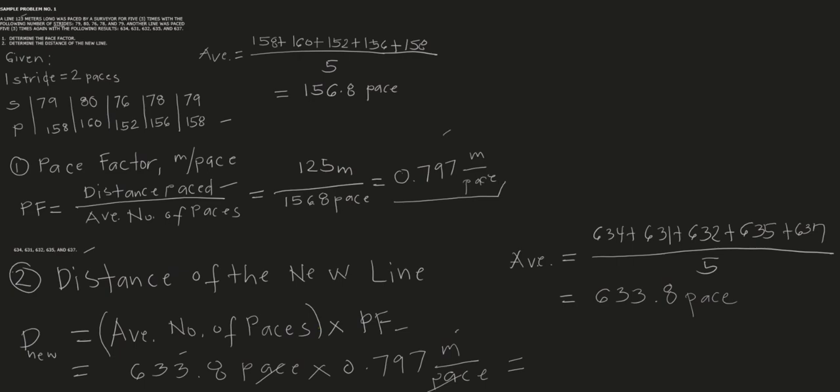So, ang distance new natin ay 633.8 times 0.797 is equal to 505.14 meters.